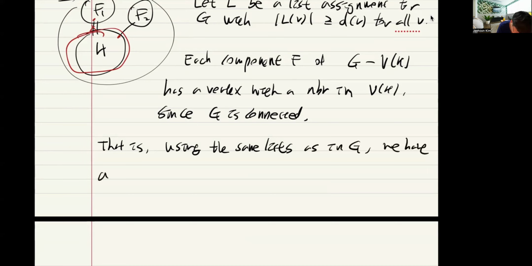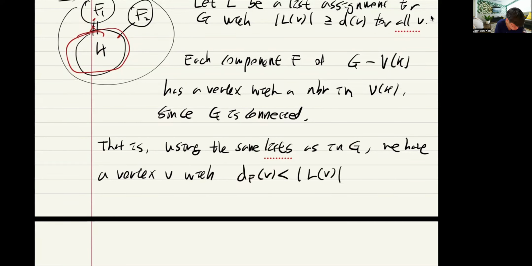we have a vertex v with its degree in F, its list size is strictly bigger than its degree in F, and maybe let's use y here.